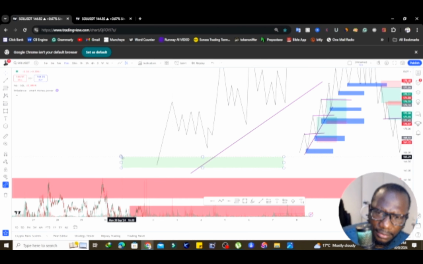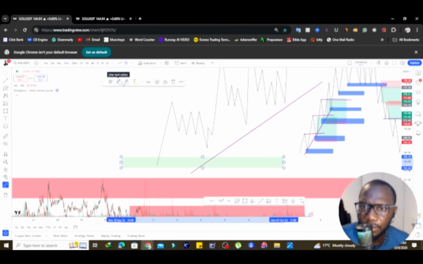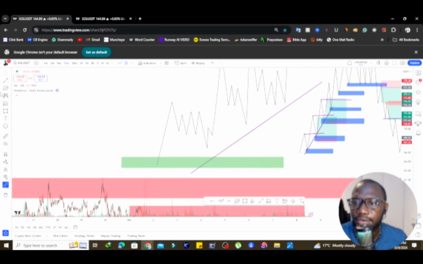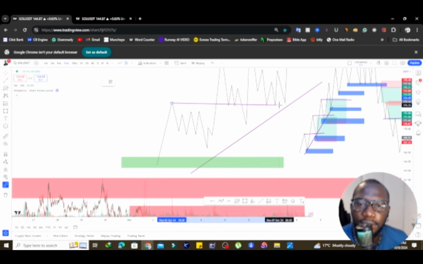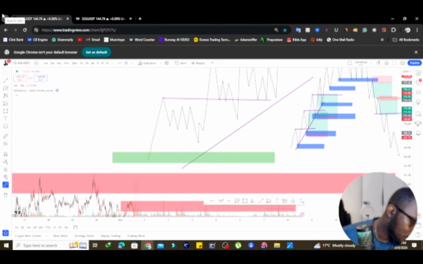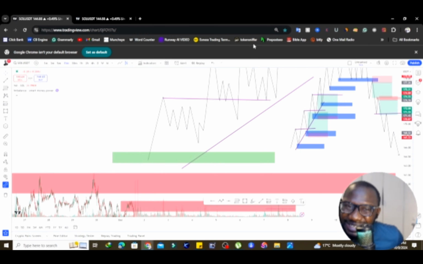So let's increase the feel of this, and it creates a high like this. So we know this is an uptrend now. So this is a high. The next thing is that our plan is when the market pulls back, we are going to enter. Now, this is the rule of how you look at market structure correctly. If you understand this, you will save yourself losing money.